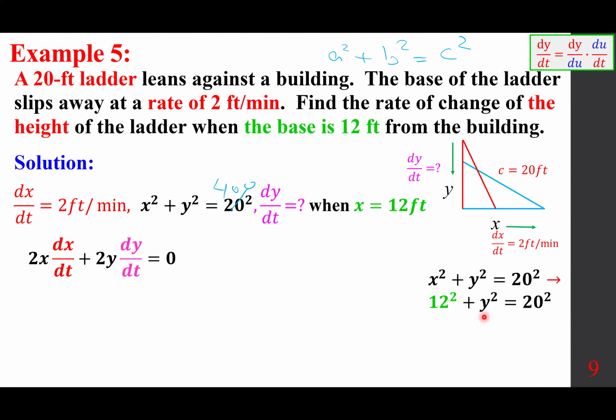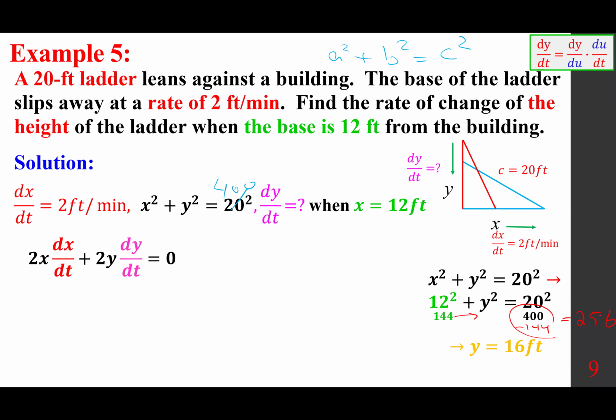So 12 squared plus y squared is 20 squared. This is 144. This is 400. We're going to move this, make it negative. The result is 256. And the square root of that is 16 feet. Now we have everything.